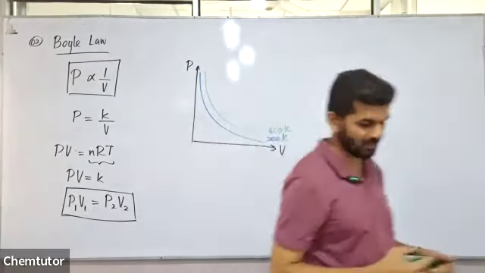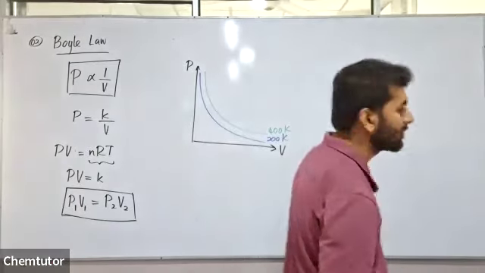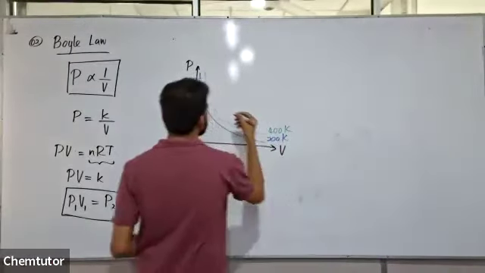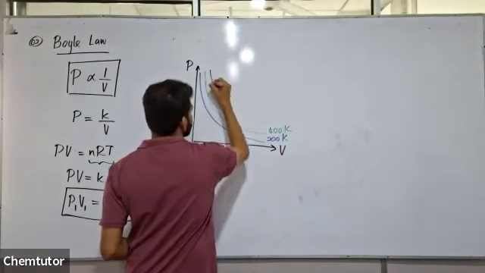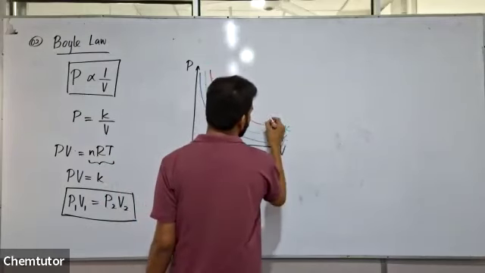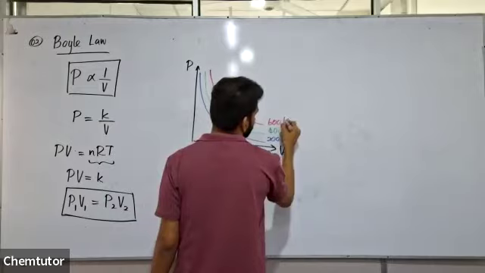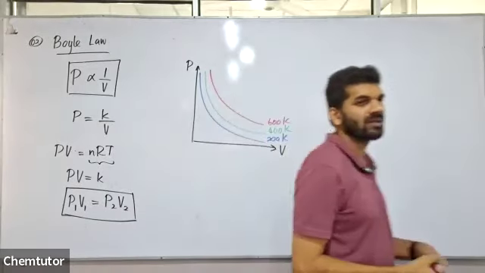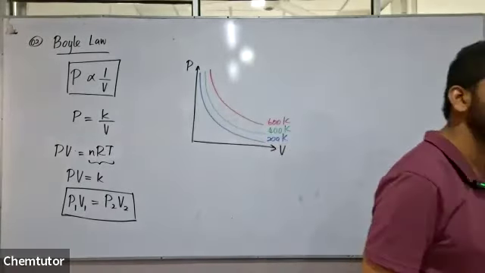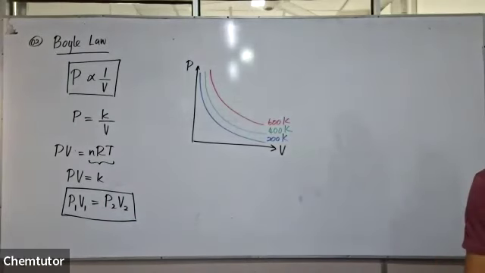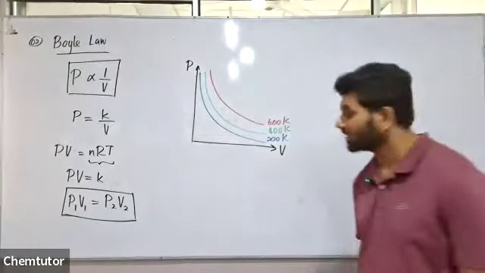So that is at 400 Kelvin. If we increase the temperature further, then the curve will be like this. So once we increase the temperature, the curve will be this.